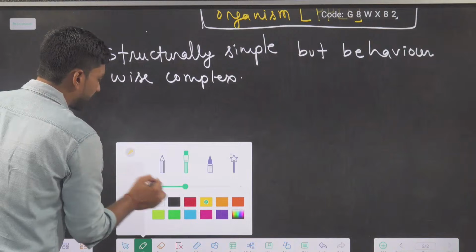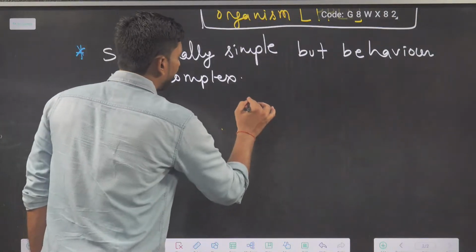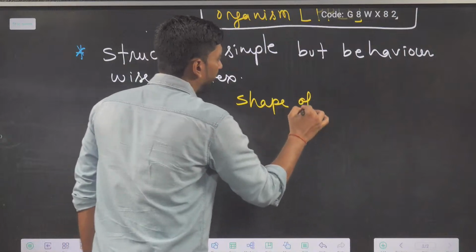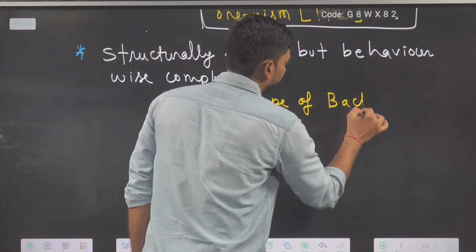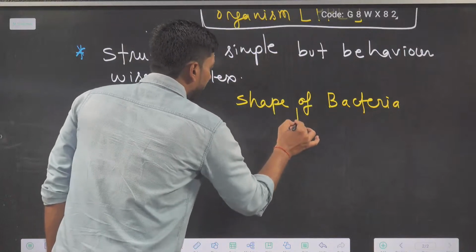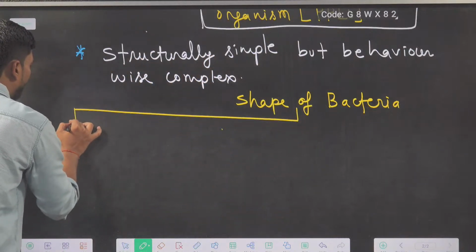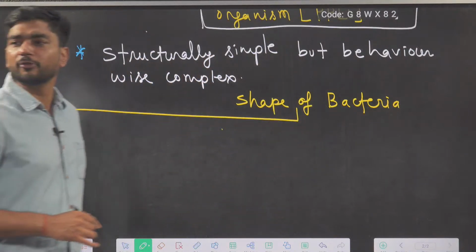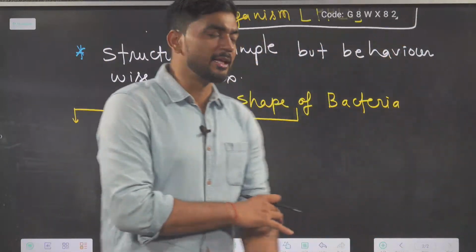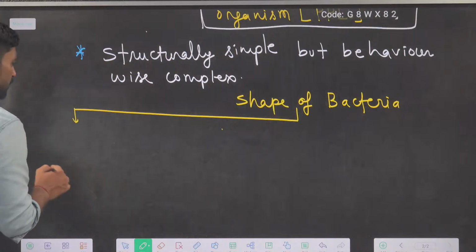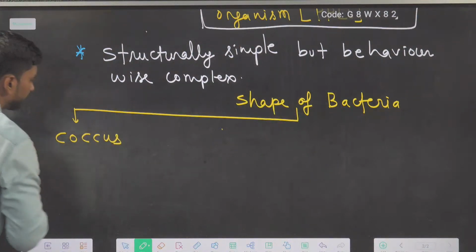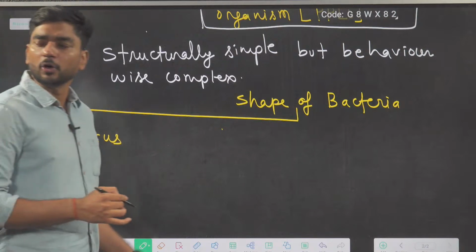So next part is the shape of bacteria. Can you tell me, the shape of bacteria can be of mainly 4 types. Mainly of how many types? That is 4 types. And these 4 types are, the first type is coccus.